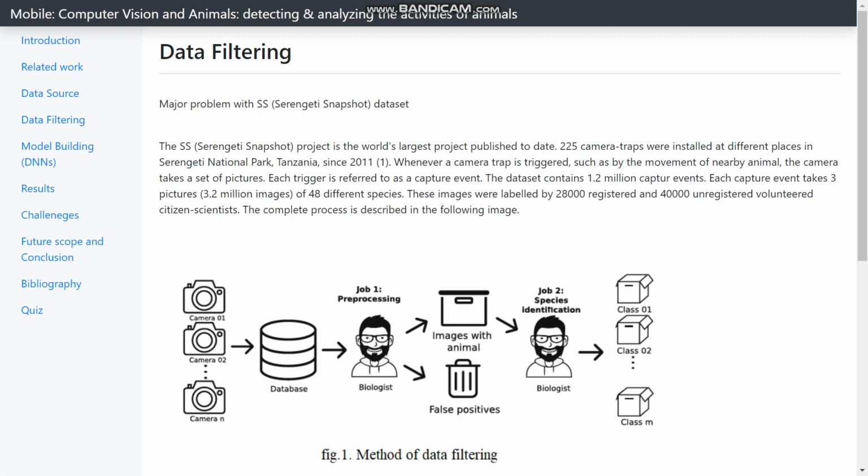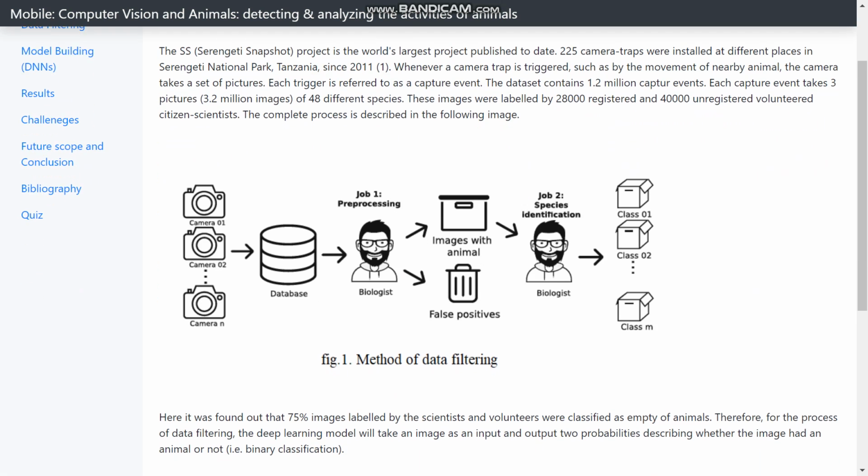These images were labeled by 28,000 registered and 40,000 unregistered volunteer citizen scientists. These people manually looked at those images and labeled them. This is the diagram representation of this process.